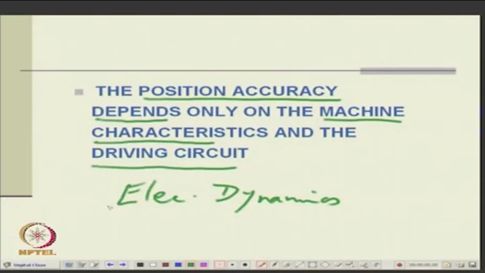So, you will notice that the stepper motor invariably does not work in steady state, it always works in a dynamic situation, electrical dynamics and mechanical dynamics. What is electrical dynamics? It covers the electrical circuits, starting from your source to your electronic circuits feeding into the coils. So, that is the electrical system.